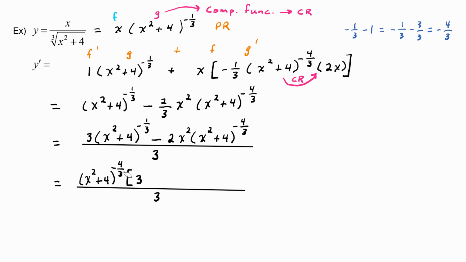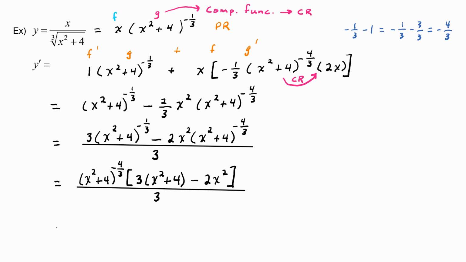Well, that's 3/3, which is an exponent of 1, so this will be times x squared plus 4 to the 1, which means we can leave it off. Now we have to subtract, and from this term, the x squared plus 4 to the negative 4/3 is what we factored out, so we just have left the 2x squared.